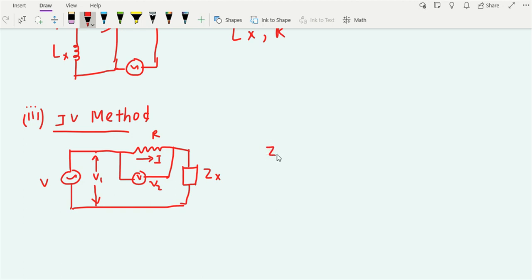To find the unknown impedance, ZX equals V1 divided by I, because this current I is flowing and this voltage is V1.